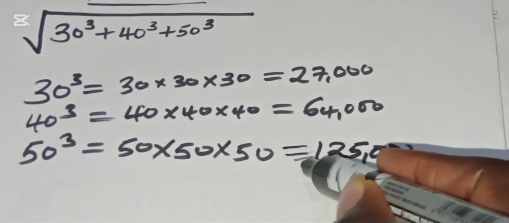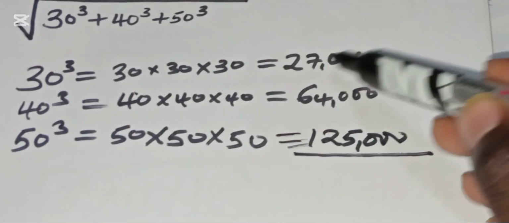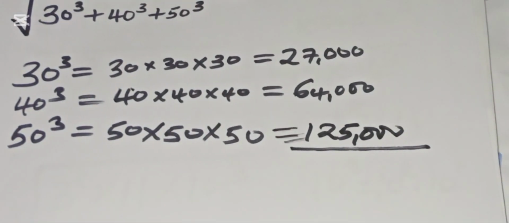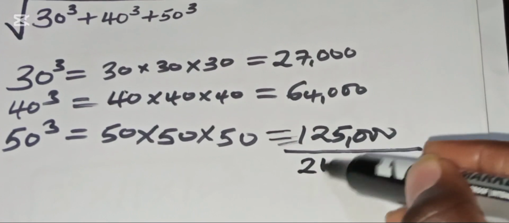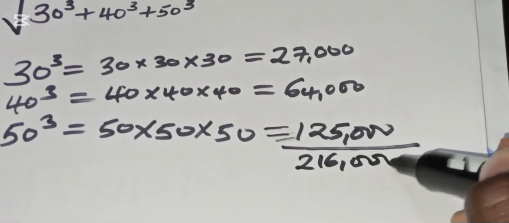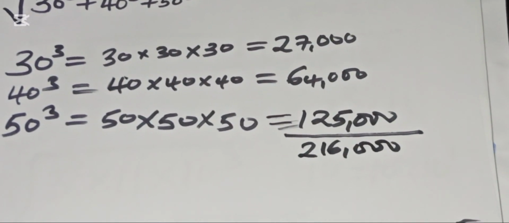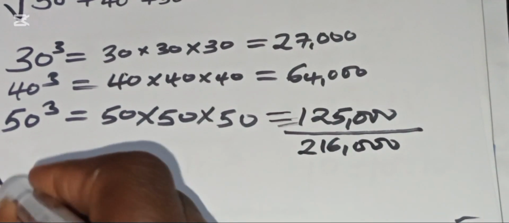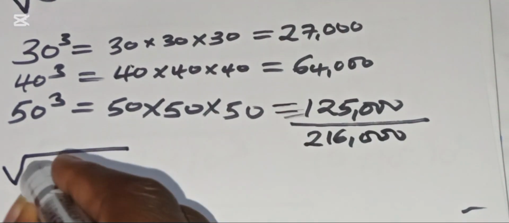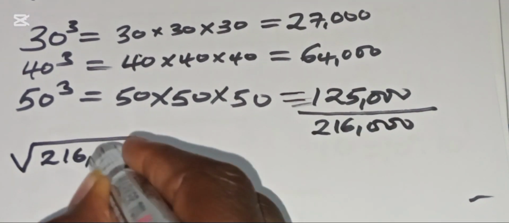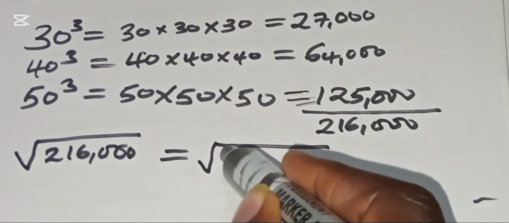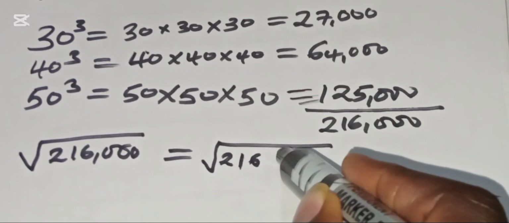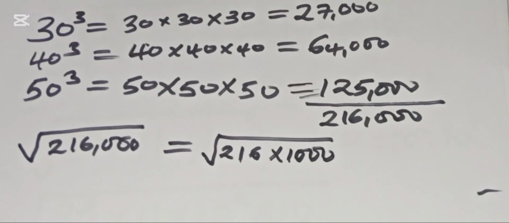So if we sum up 27,000 plus 64,000 plus 125,000, this is 216,000. So we have the square root of 216,000, which we can express as 216 multiplied by 1,000.